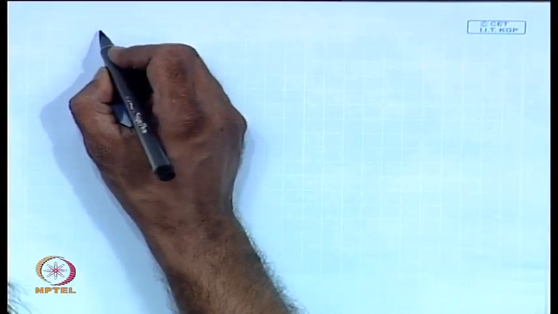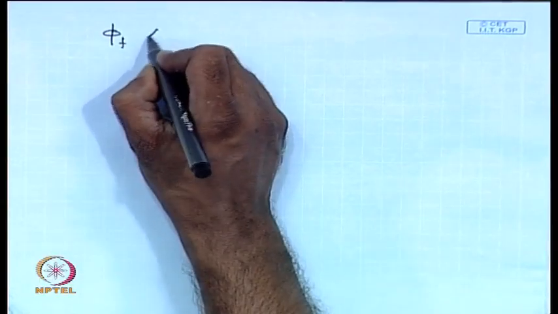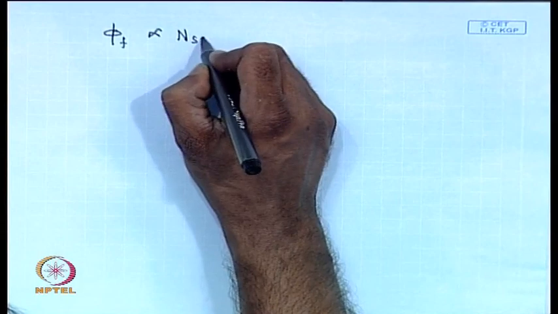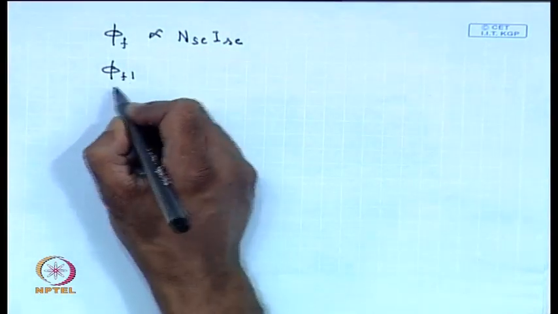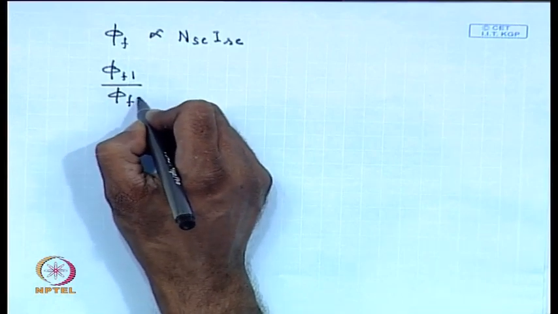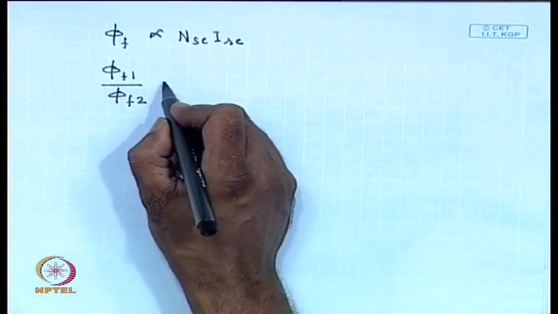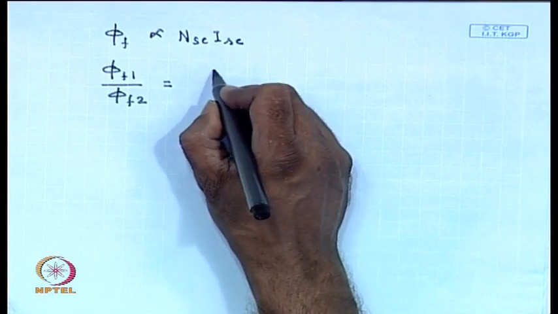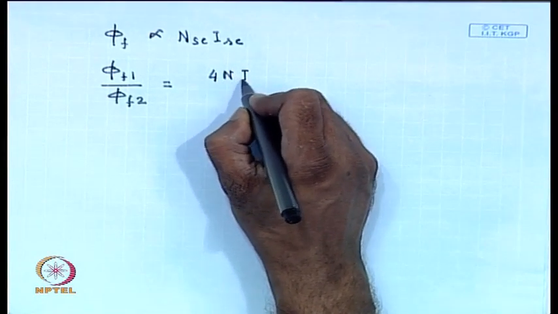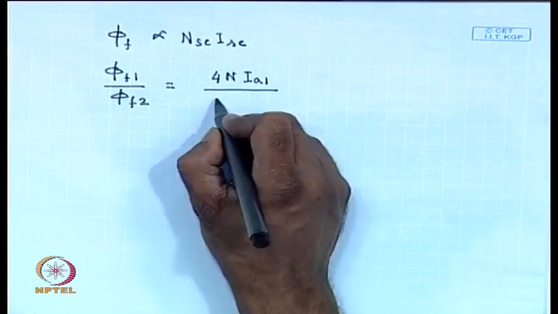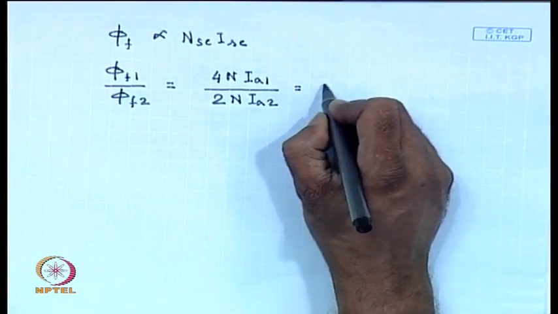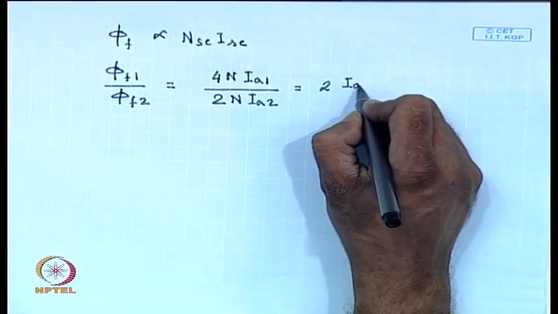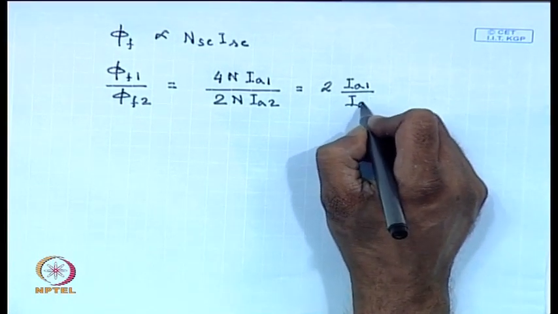Therefore, the ratio of field fluxes, since phi f is proportional to N AC I AC, phi f 1 by phi f 2 should be equal to 4 N I A 1 divided by 2 N I A 2. This is equal to 2 times I A 1 by I A 2.